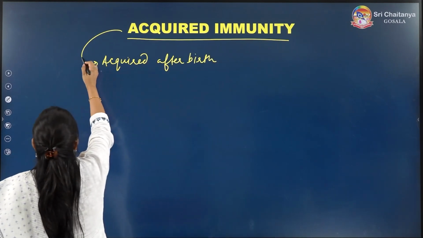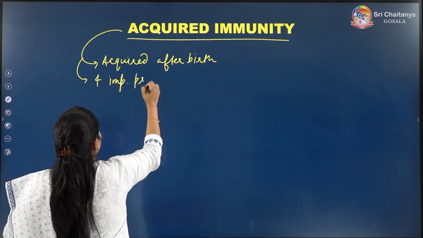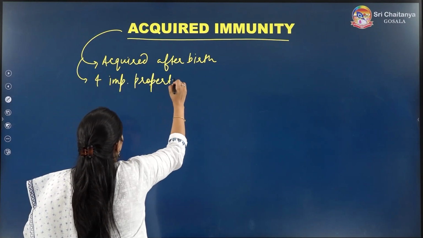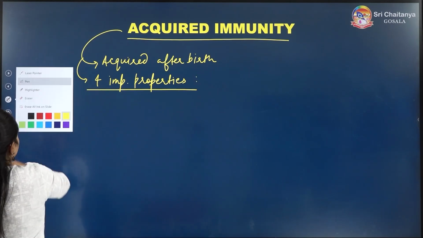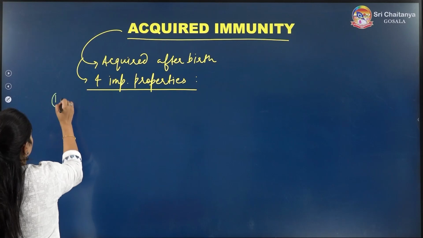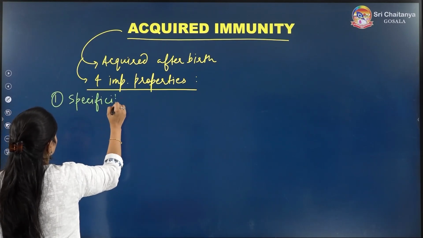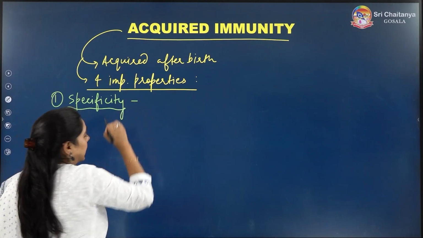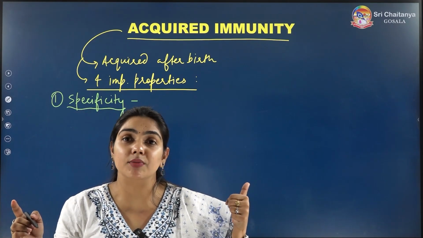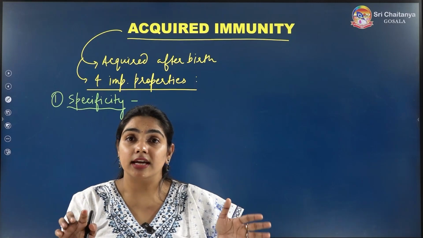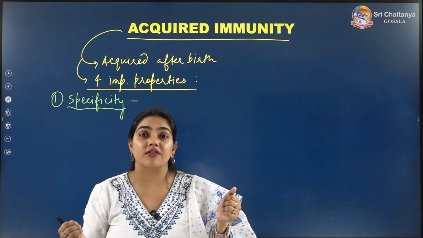There are four important properties of acquired immunity. I will talk about the first one, specificity. I have already told you that innate immunity was non-specific, but acquired immunity is specific. It is not like innate immunity. It is not the same for every pathogen.